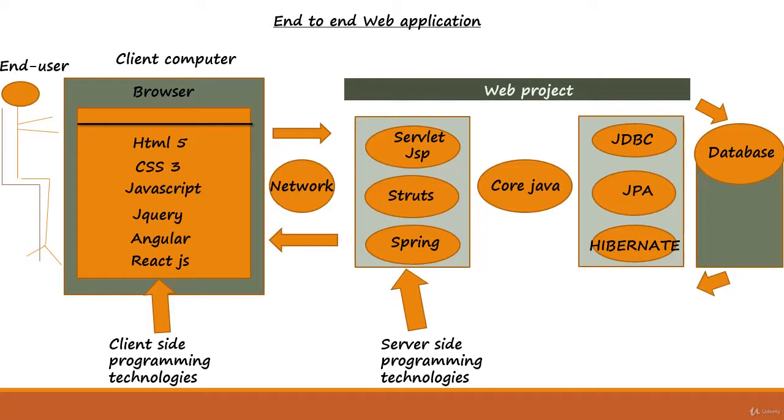After validating the username and password, for example, whatever mails the client has in his mail ID, all those tables will be forwarded as a response from the database to our web project. From our web project, the response will be forwarded to the browser. Then the end user is able to see that page by using HTML, CSS and JavaScript.